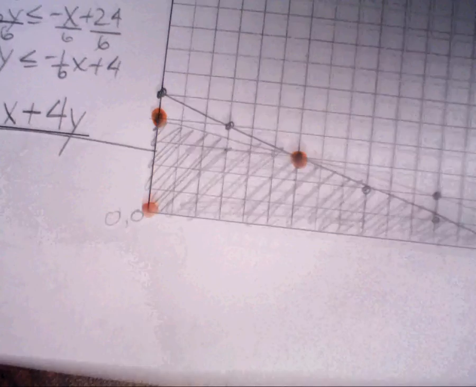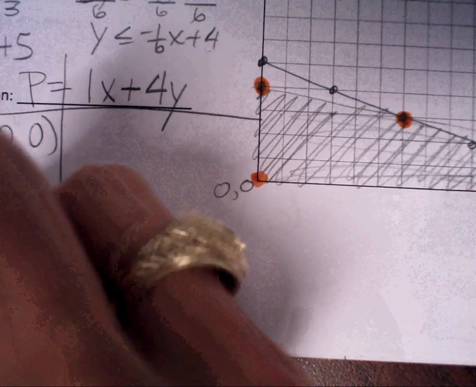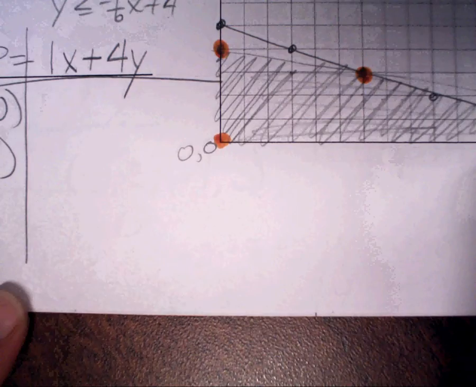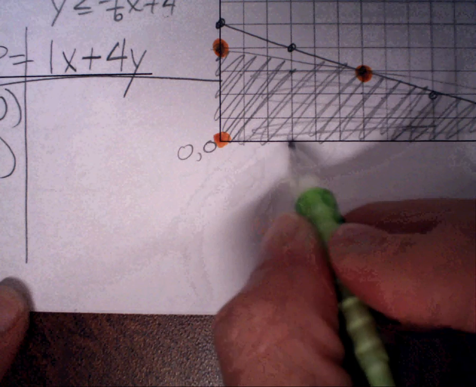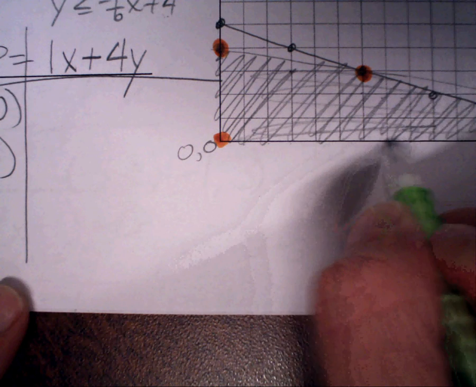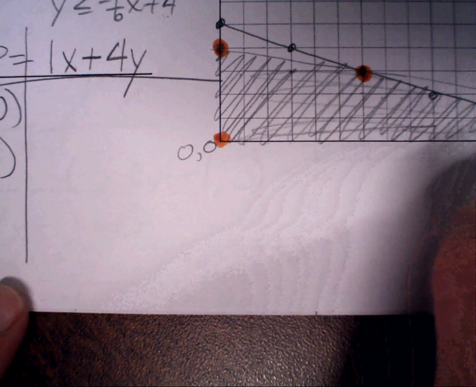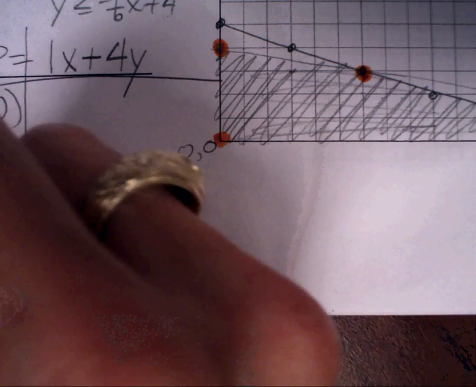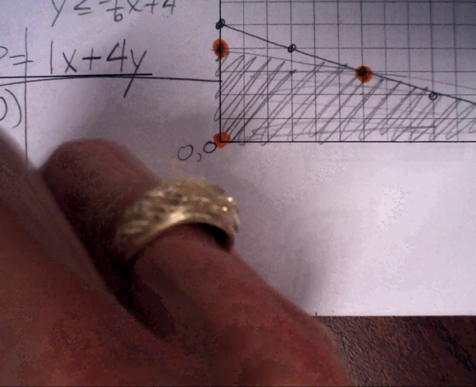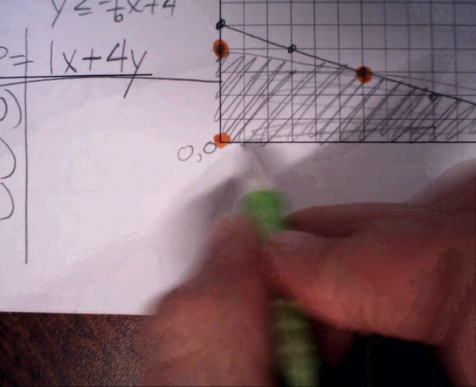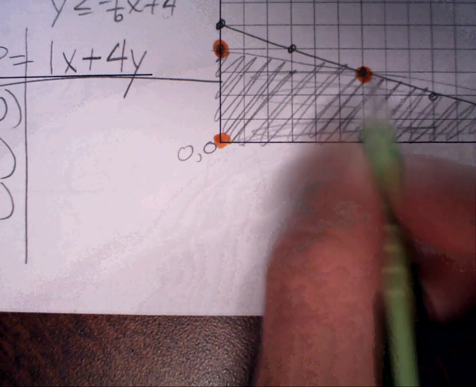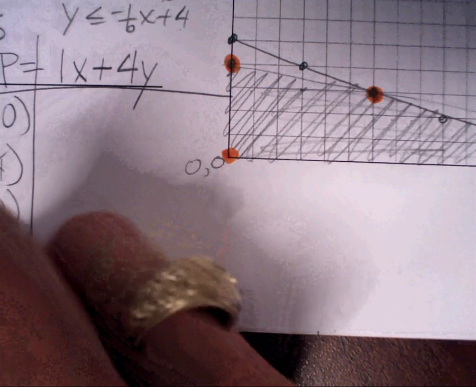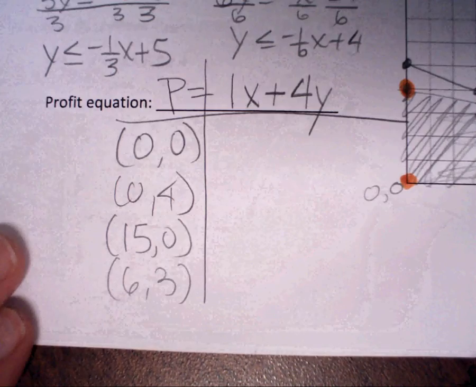Sorry, I went through and highlighted them. 0, 0, 0, 4. I think this should be 1, 2, 3, 4, 5, 6, 15, 0. And then 1, 2, 6, 3. Okay, so there's my corner.